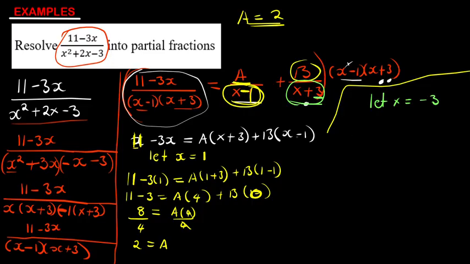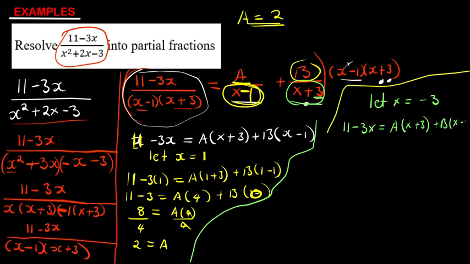Then I'll get the equation which we have been given, the one that we have from calculating, which is 11 minus 3x equal to a times (x plus 3), plus b times (x minus 1). Wherever there is x, I will place negative 3.